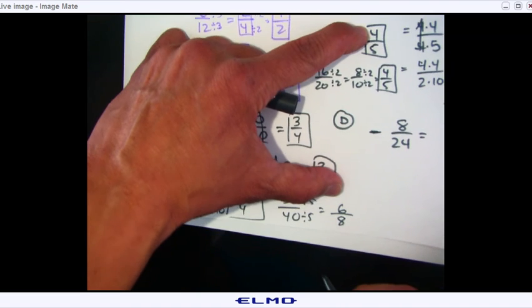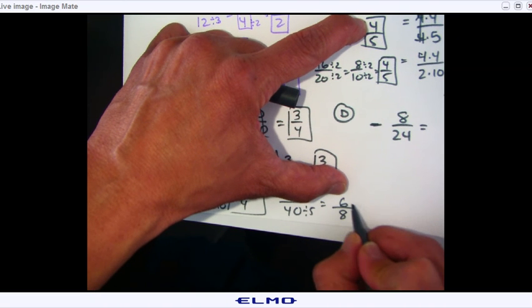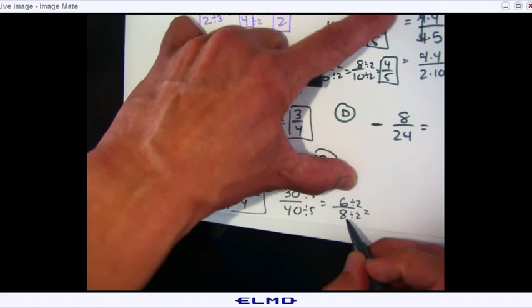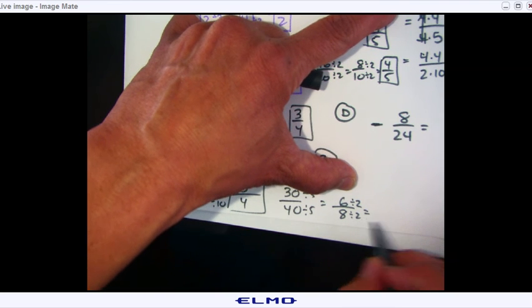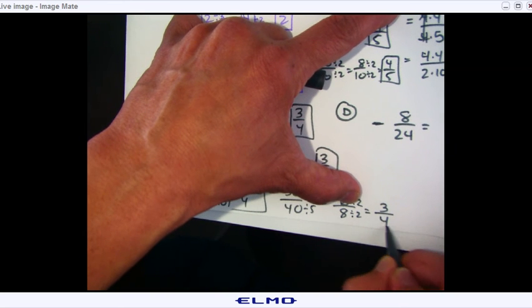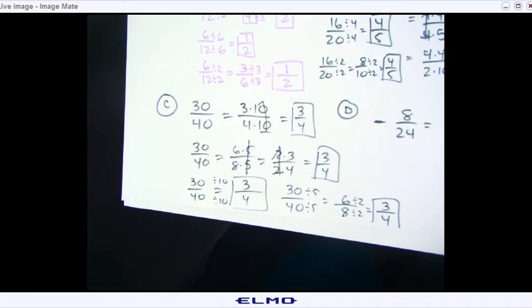I can't stop there. I gotta keep going. 6, I could divide the top and the bottom by 2. 6 divided by 2 is 3. 8 divided by 2 is 4. And there's my answer, 3/4.